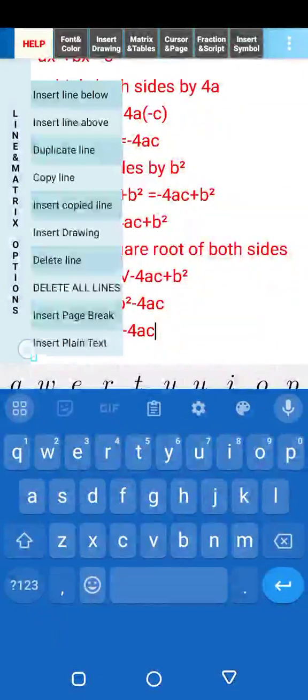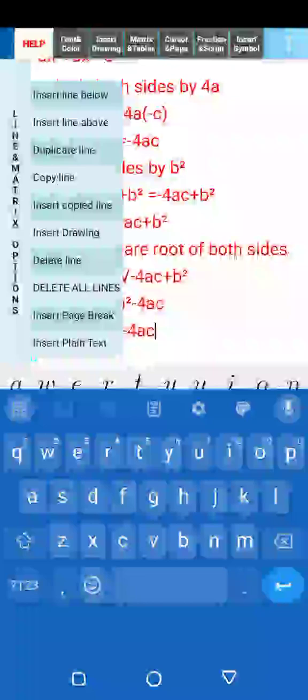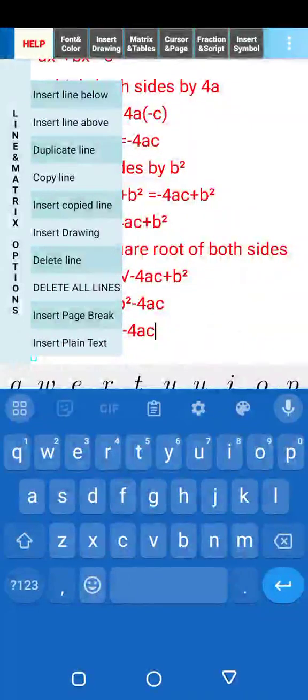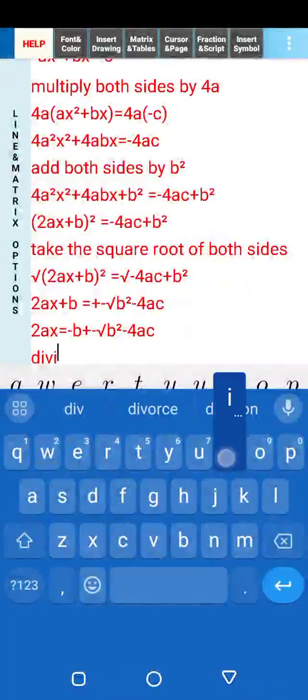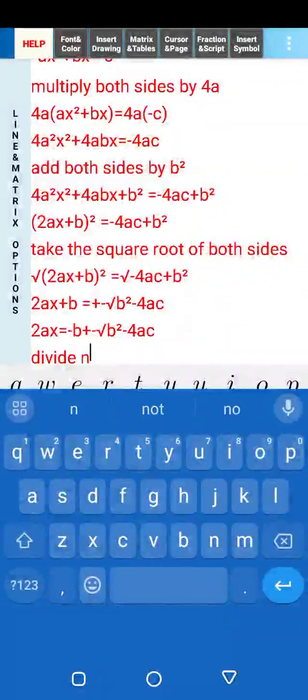Yes. So now the next thing we have to do is that, since this left hand side is left with 2ax, we divide both sides by 2a.